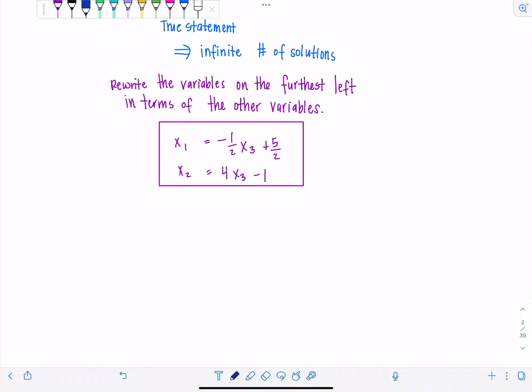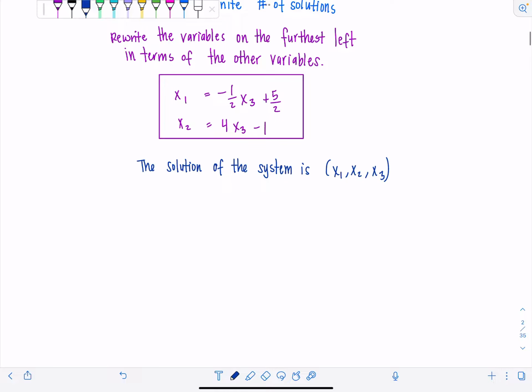So the solution, how do you finally write it out? Not like this. The solution of the system is as follows. It's an ordered triple, right? We had 3 variables, x1, x2, x3. So x1, I have it defined up above. It's -1/2 x3 plus 5/2. x2 is 4x3 minus 1.